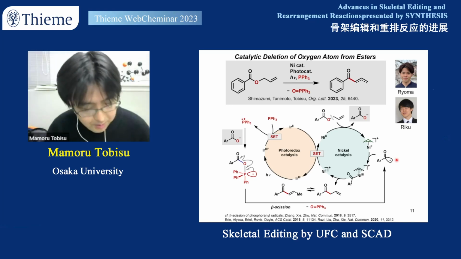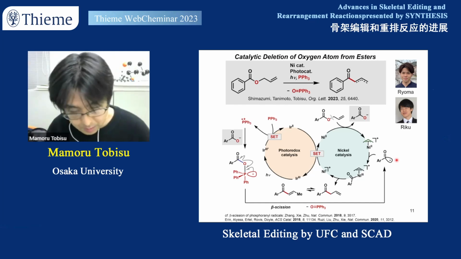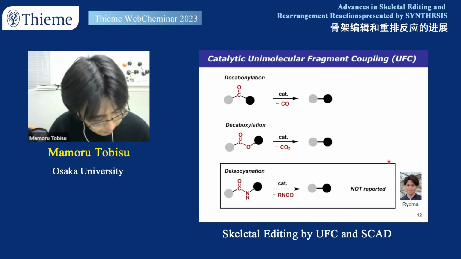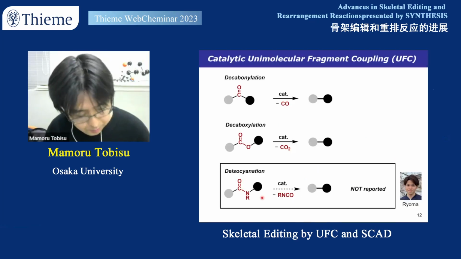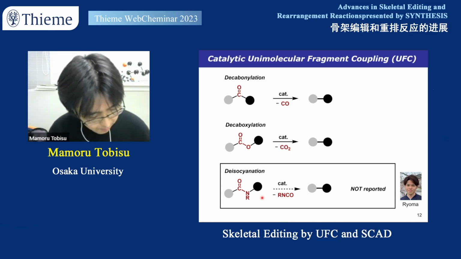During the investigation of UFC as new tools for organic synthesis, we noticed that amides are one of the most ideal starting materials, since amides are everywhere in pharmaceuticals and organic materials, and they can be readily prepared from carboxylic acids and amines.